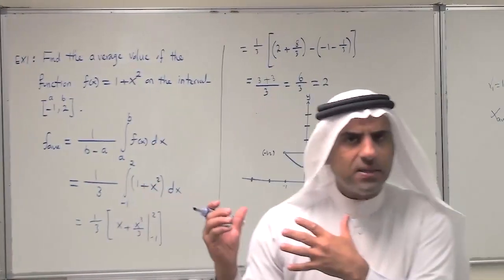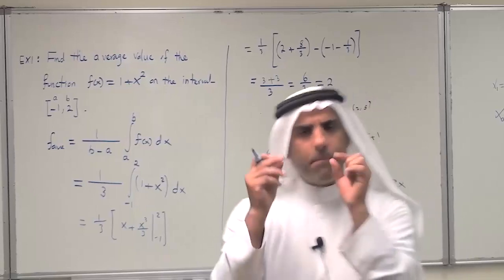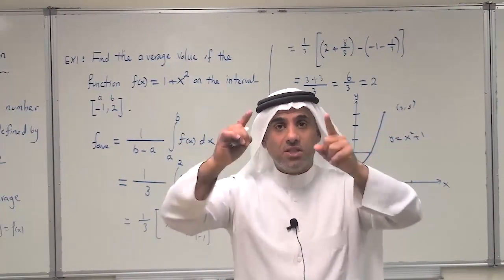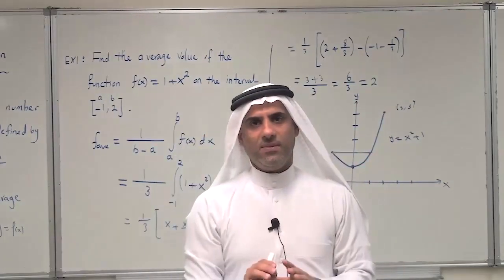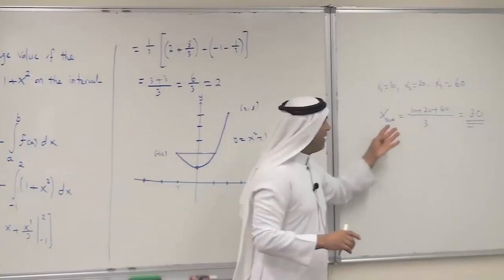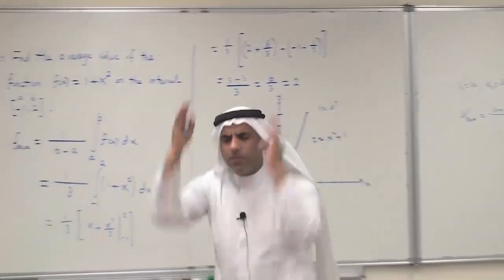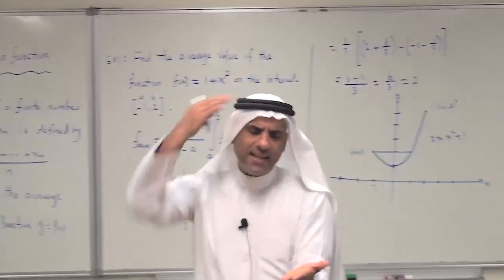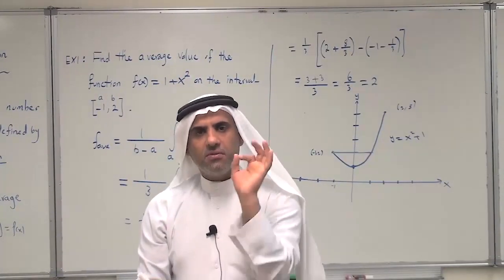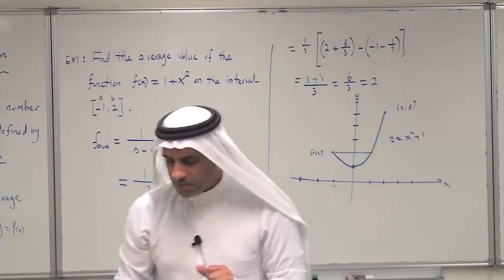Of course, the average is there. Then there is always a point, at least one, between a and b whose image is exactly equal to the average. You see, this interesting result does not hold for discrete data. But if you have continuous data, you always have someone getting exactly the average. That will be called the mean value theorem for integrals, and that will be our next point.